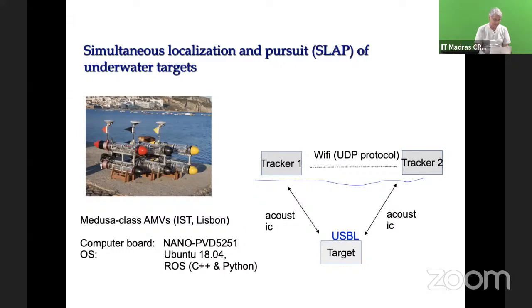But let me give you an example of something that Hung did, where he put together all of this stuff together with tracking a target underwater. So there's a target underwater. There are two vehicles at the surface. They can measure ranges to this target. And by measuring these ranges, they sort of know more or less where the target is.